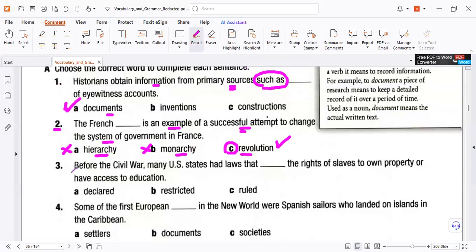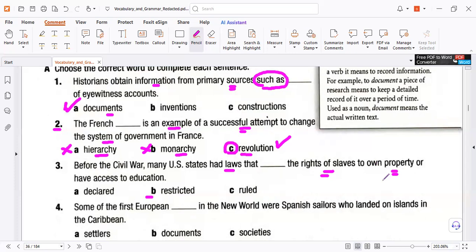Right, number 3. Before the Civil War, many US states had laws that what the rights of slaves? So it must be letter B. Restrict, put limits on the rights of slaves to own property.